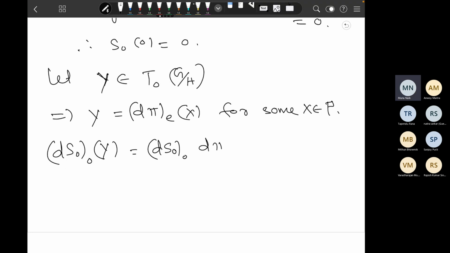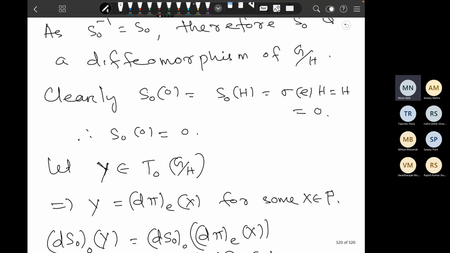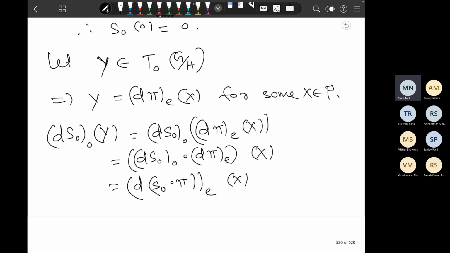Y is really d pi x. So this is really dS_o composed with d pi at e of x, and this is the same thing as d of S_o composition pi at the point e, x. Now S_o composition pi is really, by the star, pi composition sigma.